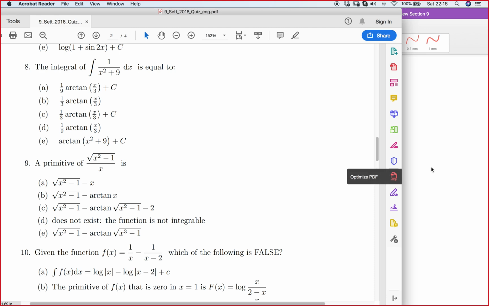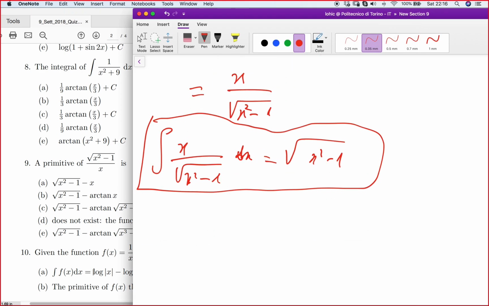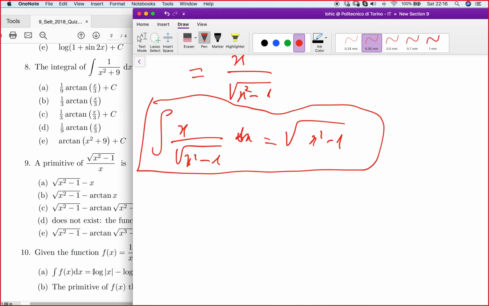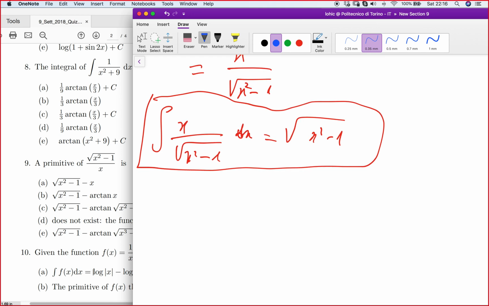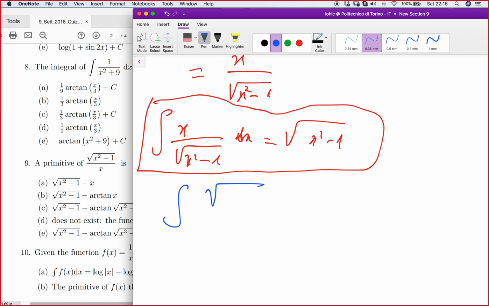But here the integration will be a bit tricky, but we should reach the answer we need. Okay, nice. So let's move on. The integral we want to solve is the integral of square root of x squared minus 1 over x in dx.